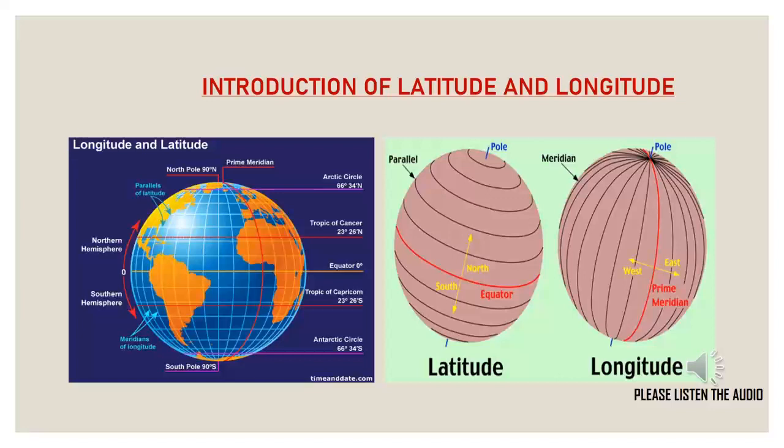The first one shows longitude and latitude, and a few more lines are also printed here. In the other diagram, only one equator, one parallel, and the meridian are shown.